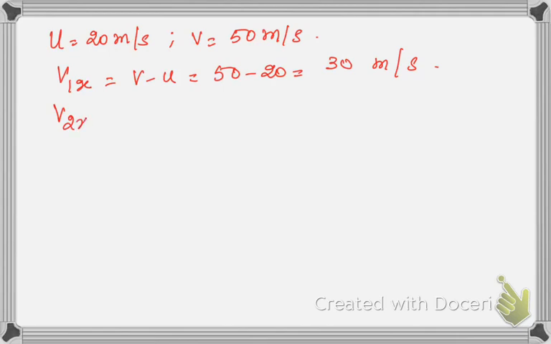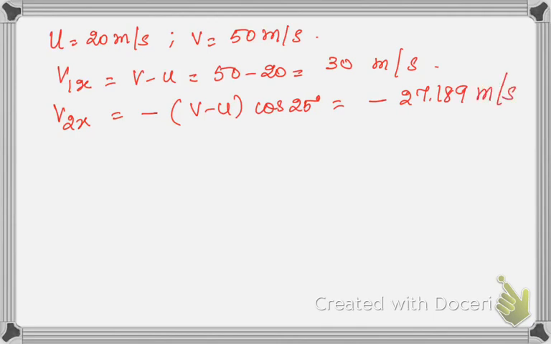Next I have to calculate my V2x, same way, minus of V minus U cos 25 degree, which is equal to minus 27.189 meter per second.